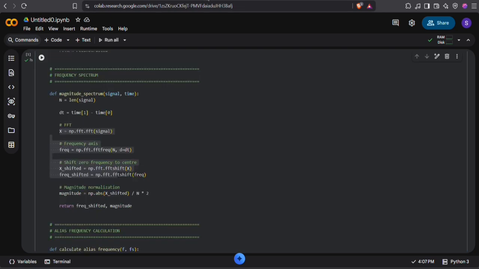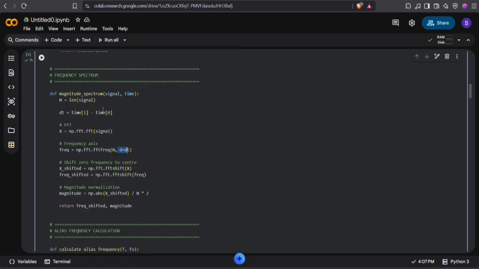And coming up next, I will explain the FFT code. Here x equals np.fft.fft(signal), and frequency equals np.fft.fftfreq(n, d=dt), where n is the number of samples and d equals dt.